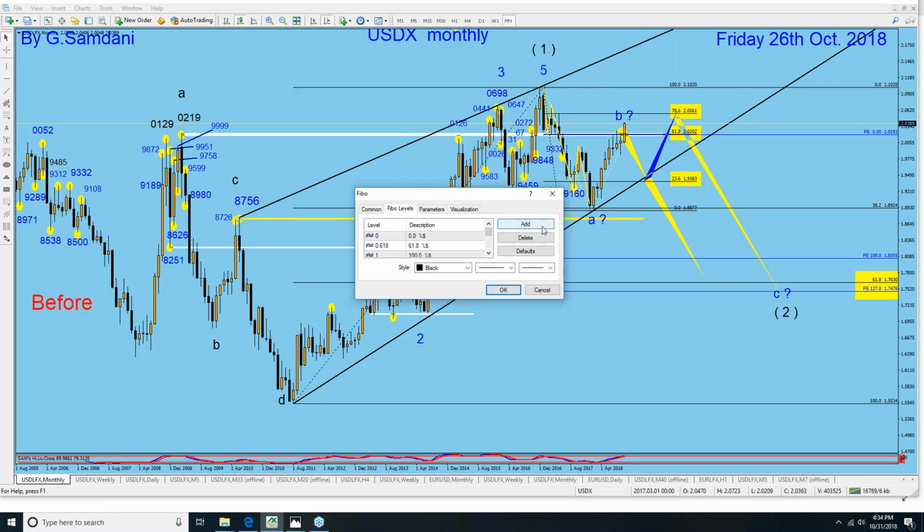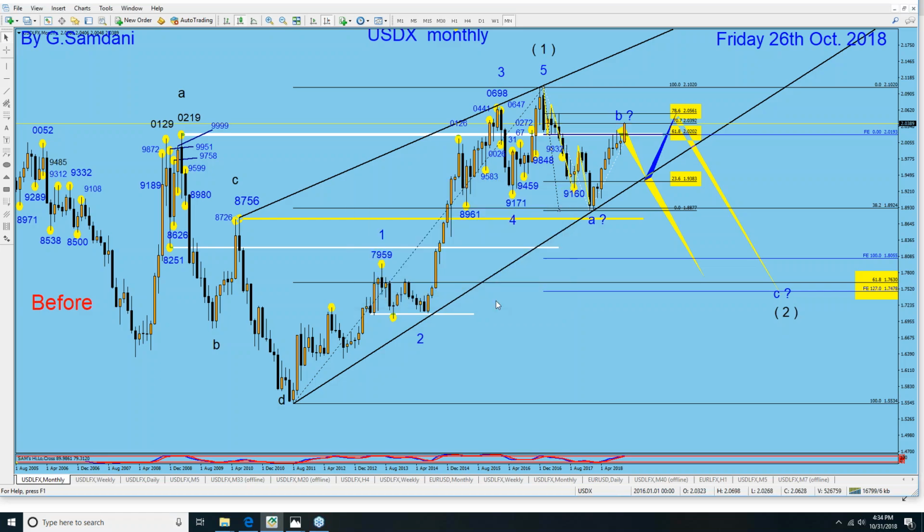I told you, man, the important level is this 0.707. More and more I see this comes into play. There we go. We are exactly on that 70.7 area, 0392.